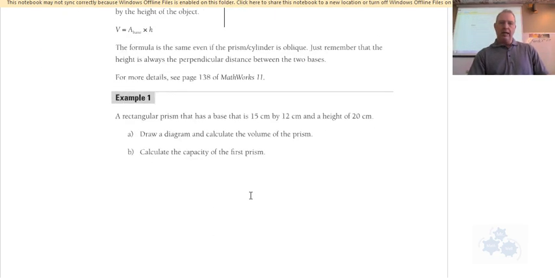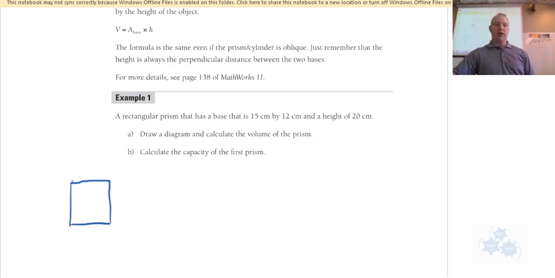Okay, example 1: a rectangular prism has a base that is 15 centimeters by 12 centimeters and a height of 20. If we were to sketch that real quick, it would look something like this. To draw a three-dimensional prism, you draw one side, then extend parallel lines of the same length from each corner, and then connect those.